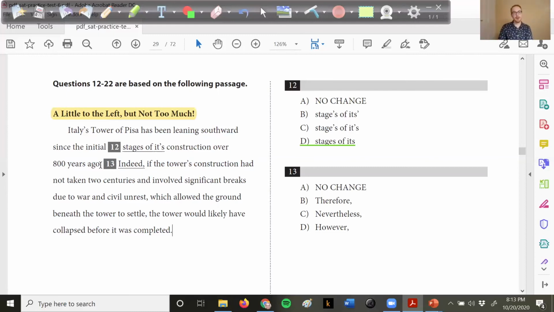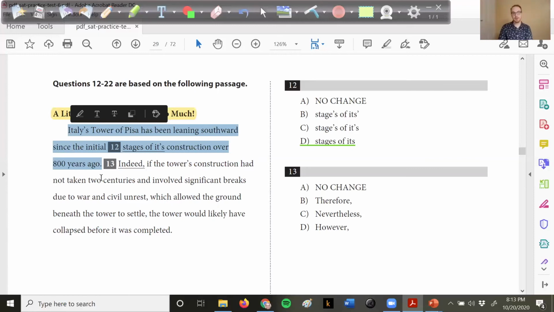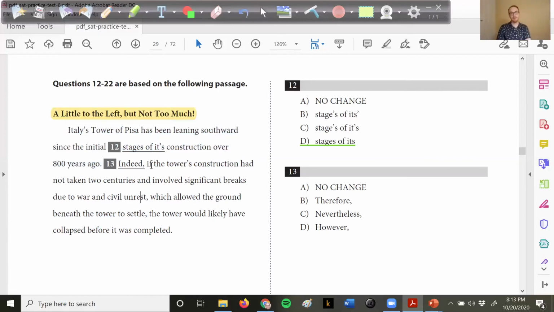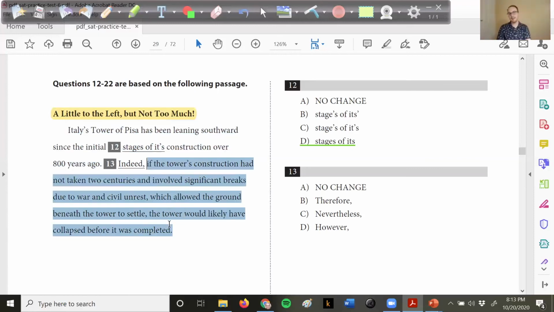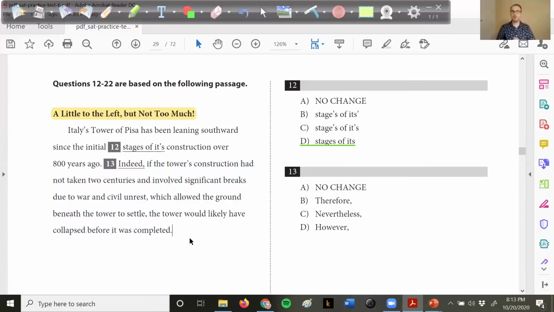So on one side, we say the tower's been tilting for a long time. And on the other side, we say if it hadn't taken so long to build, it probably would have fallen over. Those two ideas don't seem in contradiction to me, so I don't like however, because however is all about introducing something contrary to what has been said before.